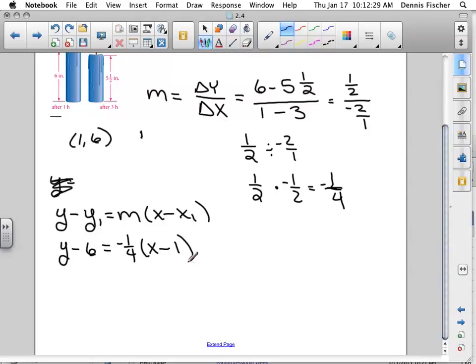If I was trying to get y by itself, I would have y minus 6 is equal to -1/4 x plus 1/4, bringing the -1/4 through.